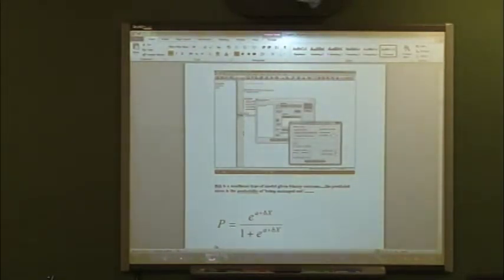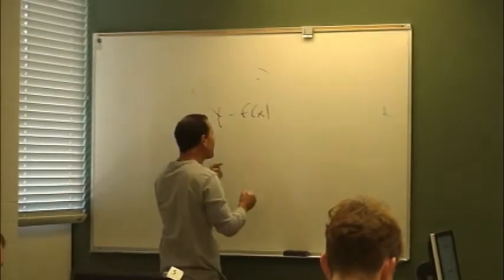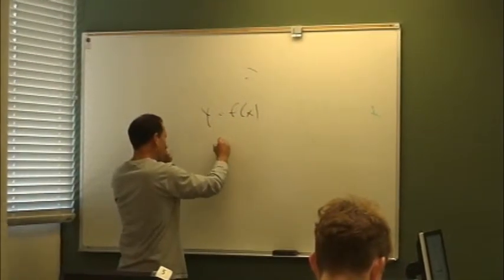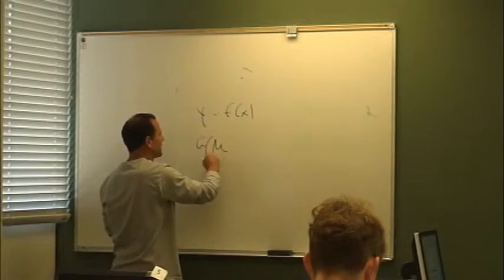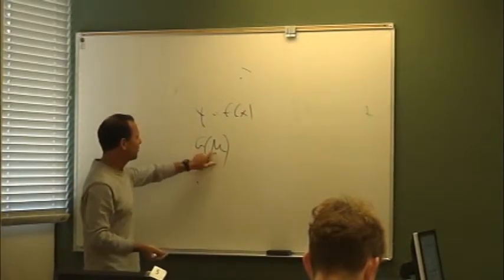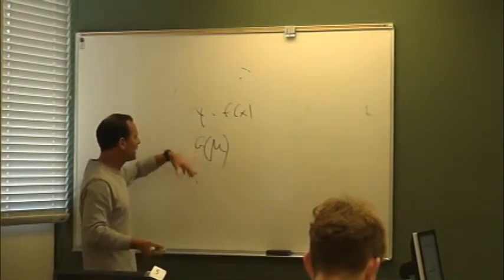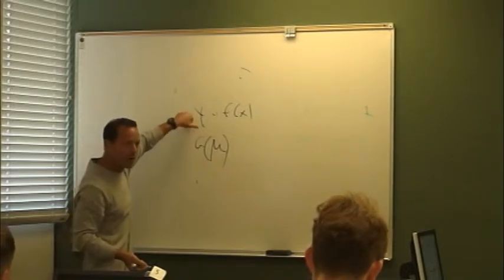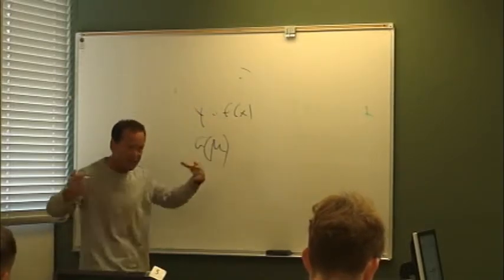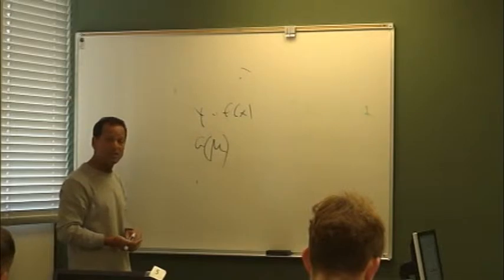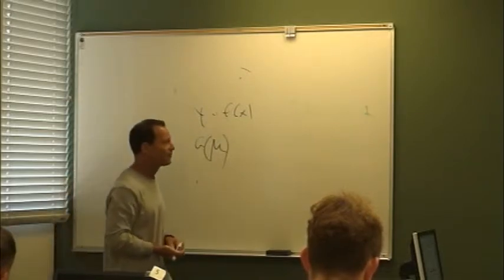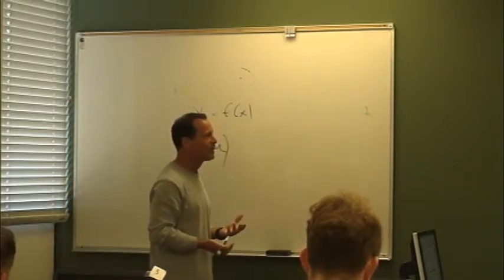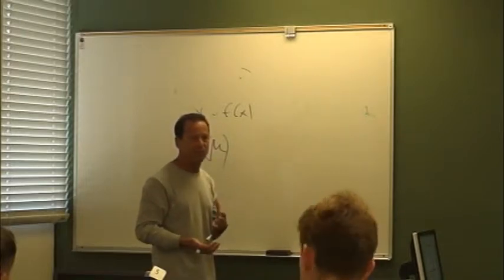So you have kind of y is a function of x. But a lot of times you have this thing called a link function. Sometimes it's something like this, g of mu, or whatever parameter you're doing. And it links the random component and the fixed component. It links them together, and it may use different types of statistics to link them.